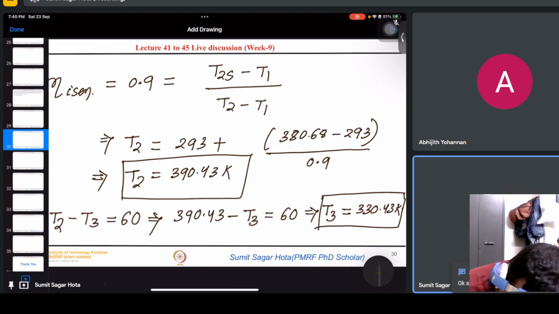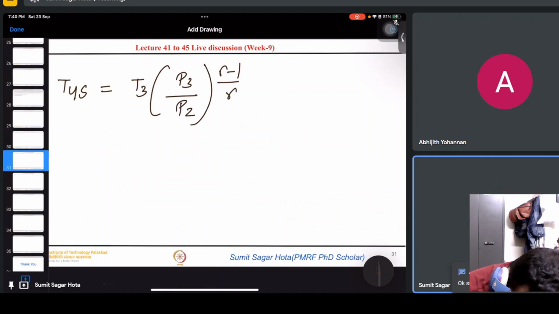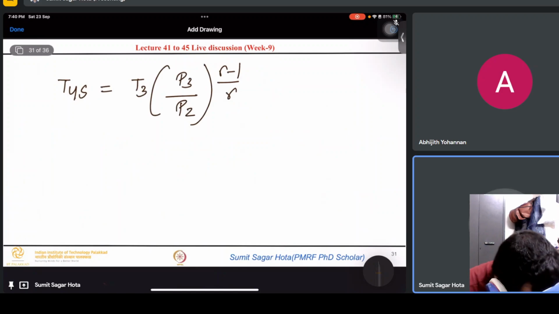Similarly, we can do this. You can now directly write down T3, which is here 330.43.